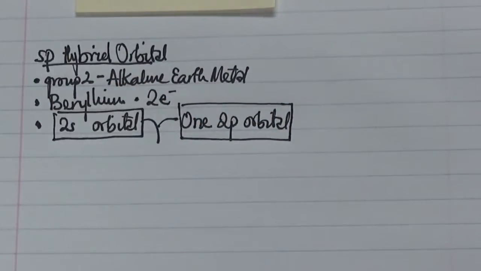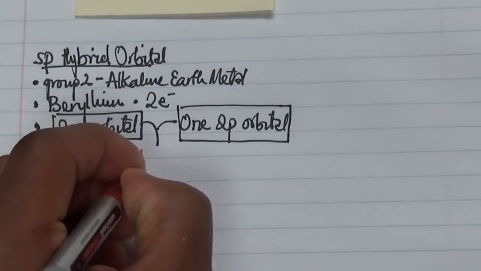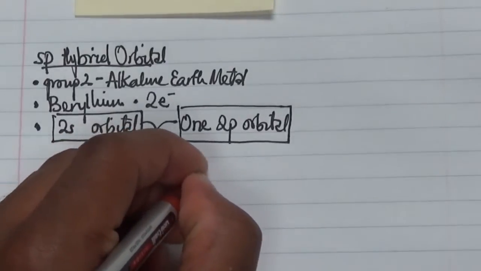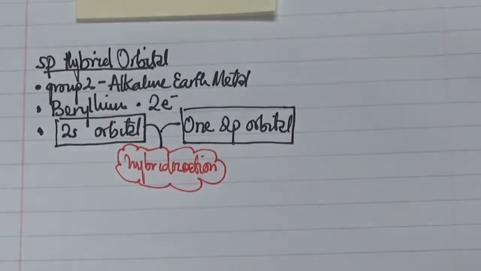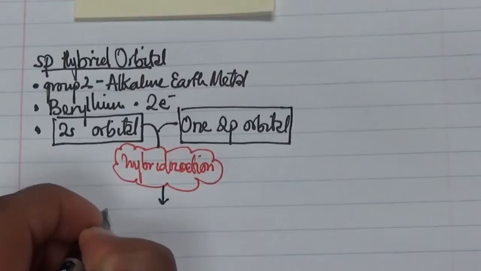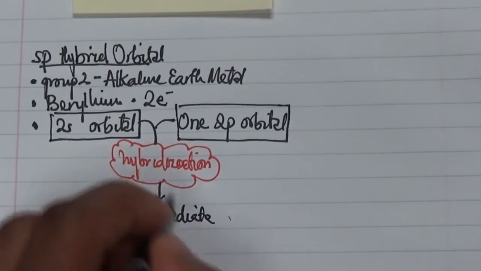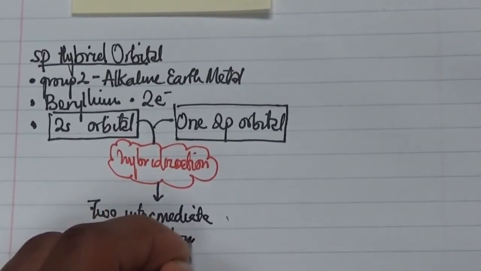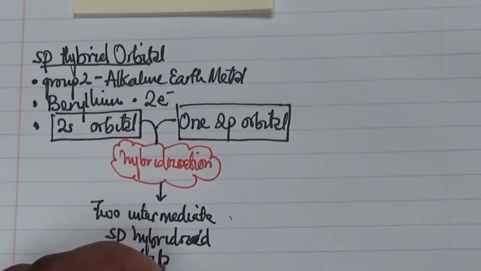and by hybridization this yields 2 intermediate sp hybridized orbitals.